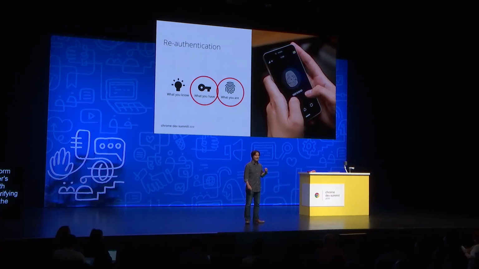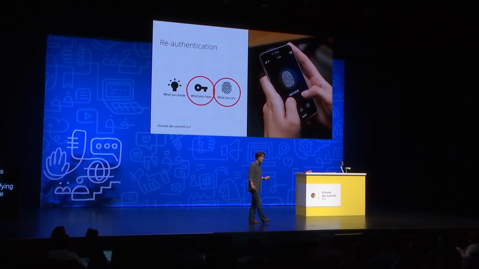A common way to perform re-auth is to ask the user's password again. But with WebAuthn and User Verifying Platform Authenticator, the user experience can be really snappy. Let's see how Yahoo Japan integrated re-auth user experience.